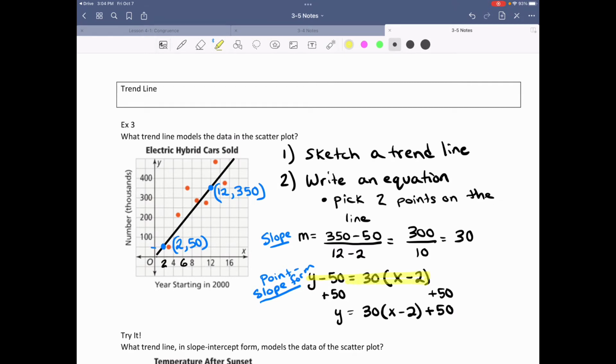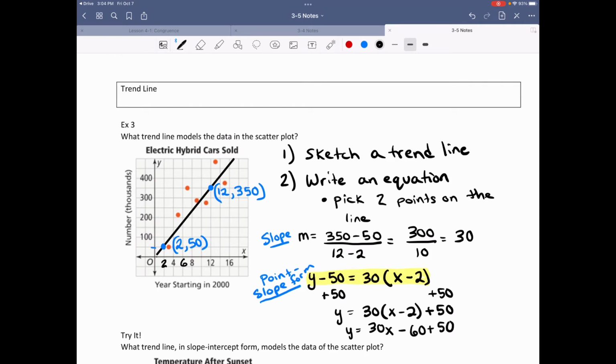Point slope is fine. If you're doing your homework, they may not accept point slope form. So I guess I should distribute here just to show you what it would look like. y equals 30 times x is 30x. 30 times negative 2 is negative 60 plus 50.